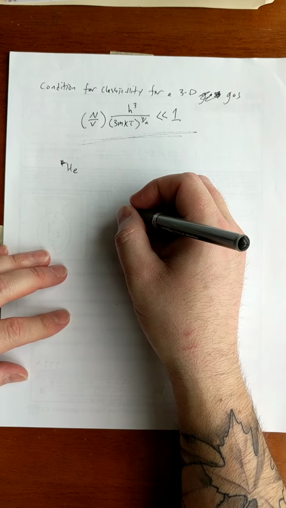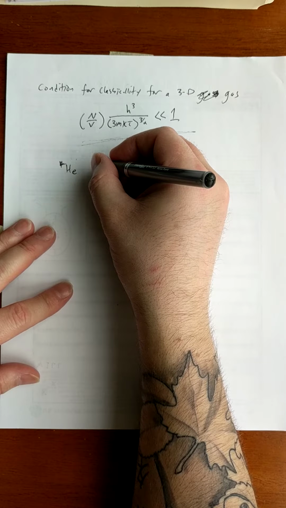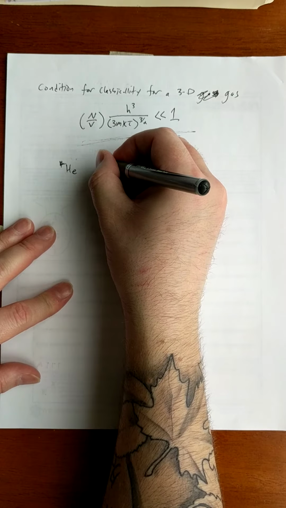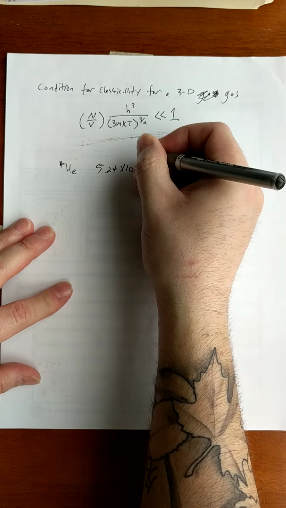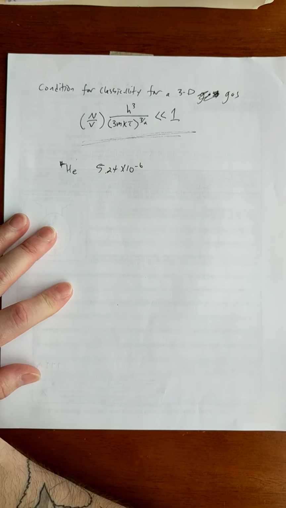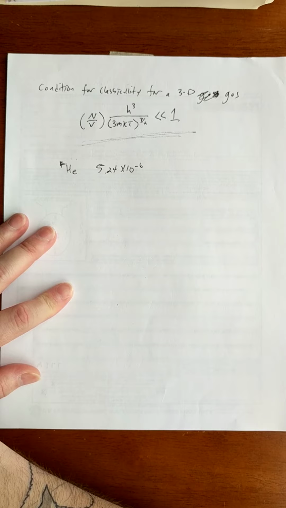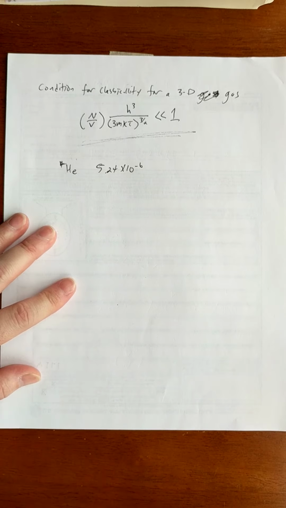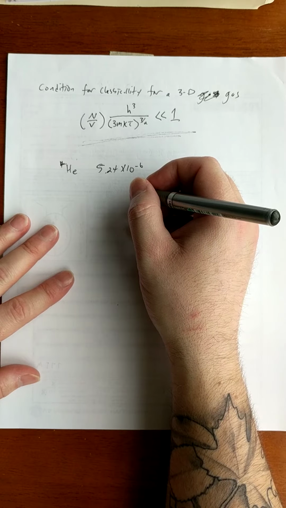Okay, so helium makes up 5.24 times 10 to the negative 6 of the molecules in the atmosphere. Can the Boltzmann distribution be used to predict the thermal properties of atmospheric helium at room temperature?